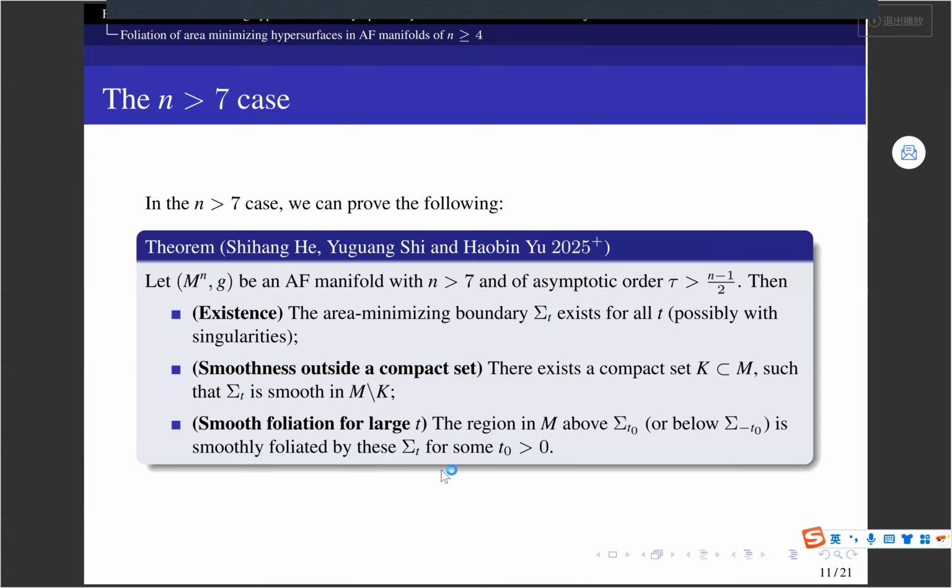So when you use minimal surfaces to consider the positive mass theorem in higher dimension, you may meet the difficulty posed by singularity. Because in general, when you construct the minimal surface, it always has singularity. However, you can still show that there are infinitely many smooth area minimizing hypersurfaces in higher dimensional AF manifolds, but we do not know whether these surfaces can be used to prove the positive mass theorem in higher dimensions.